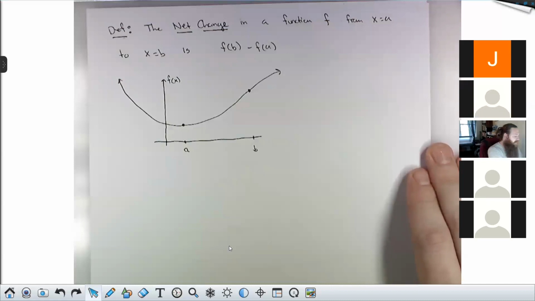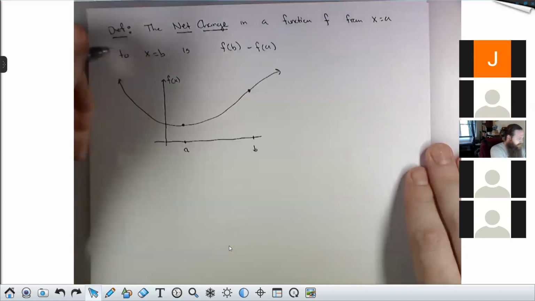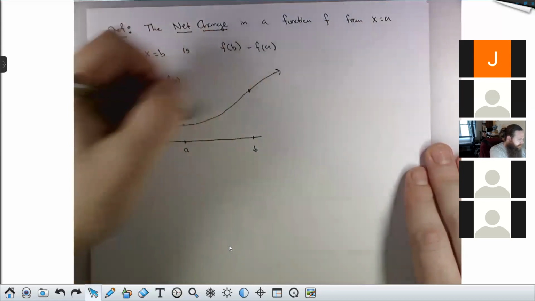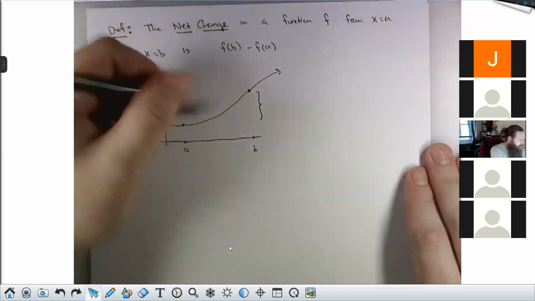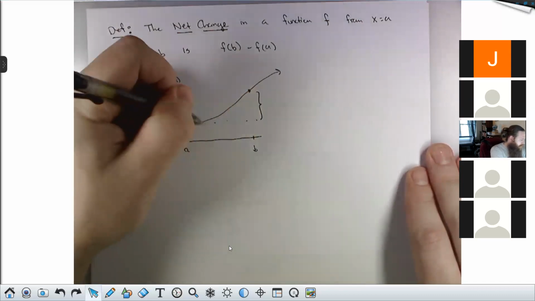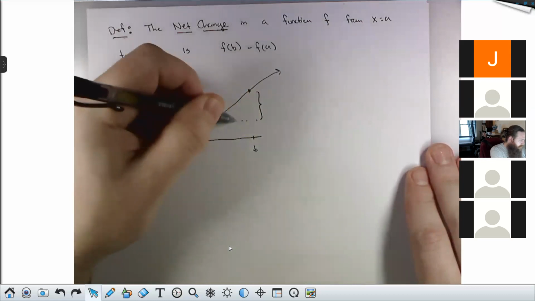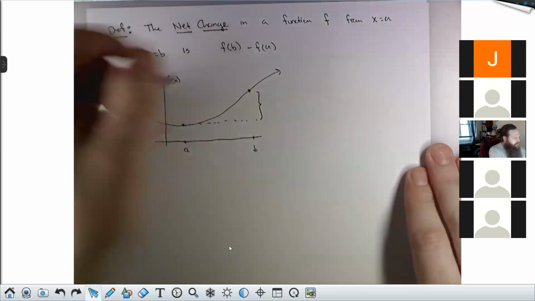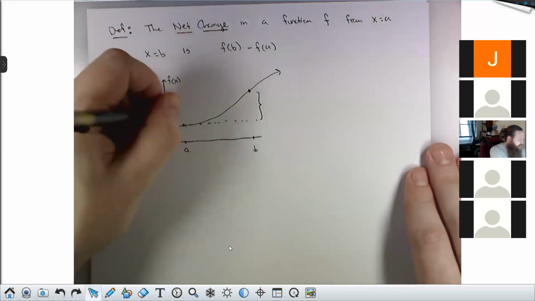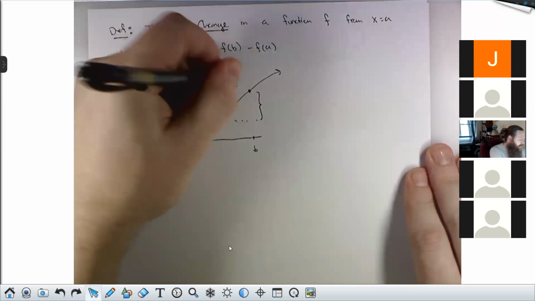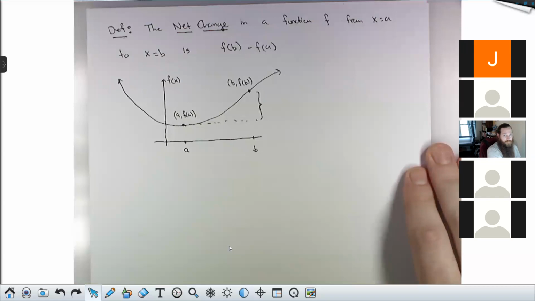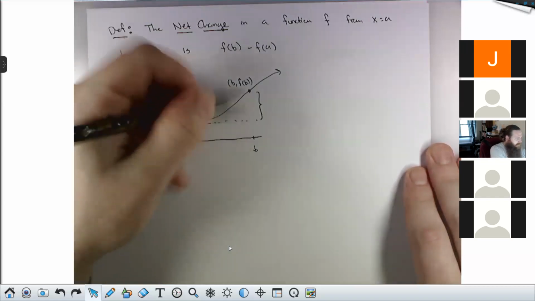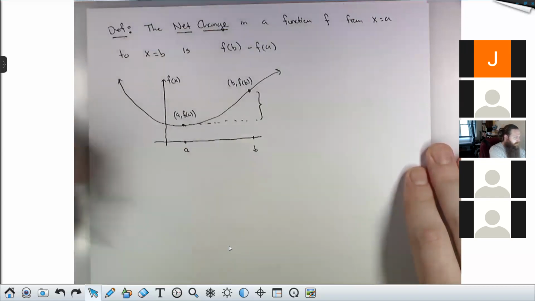The net change is the vertical distance between these 2 points. The point right here is a comma f of a. The point right here is b comma f of b. So if you subtract those y values, f of b minus f of a, that'll tell you the height.